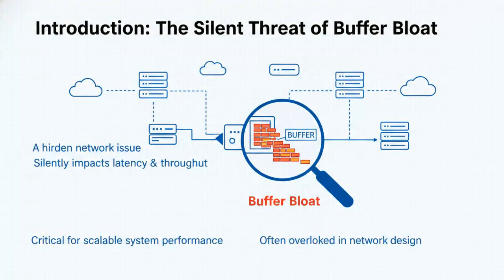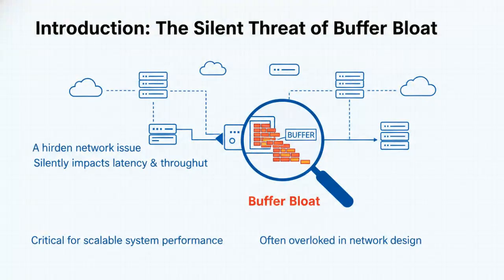Enter Active Queue Management, or AQM, a paradigm shift in how we manage network queues. Unlike traditional passive queue management, where packets are only dropped when the buffer is completely full, AQM algorithms actively monitor queue lengths and provide early congestion signals. By dropping or marking packets before the buffer is entirely saturated, AQM prompts senders, like TCP flows, to slow down earlier, preventing buffers from filling up excessively.